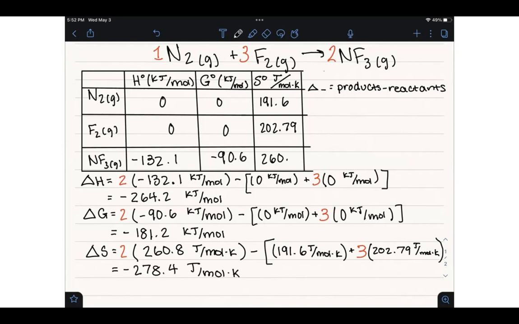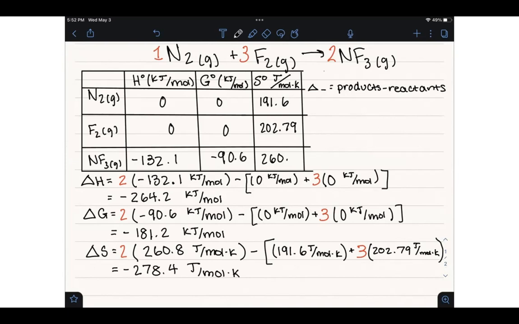And we want to make sure we have the right number of significant figures there. Since it's an addition and subtraction reaction, we just want to go to the tenths place, since that is the fewest number of decimal places that we have in the reaction.